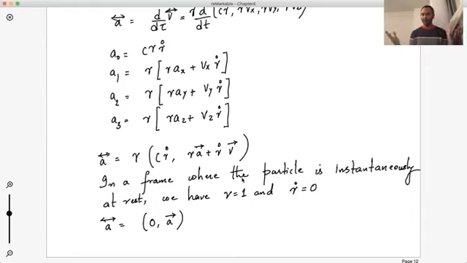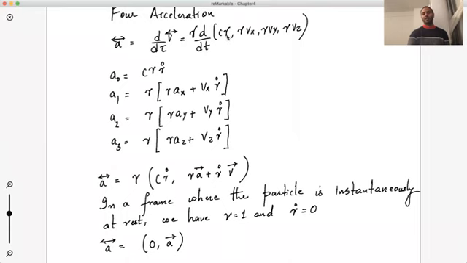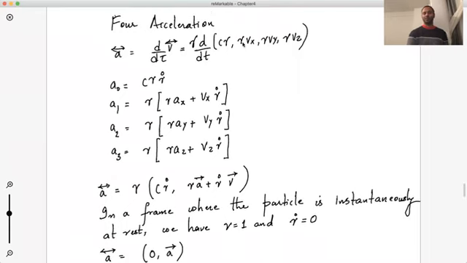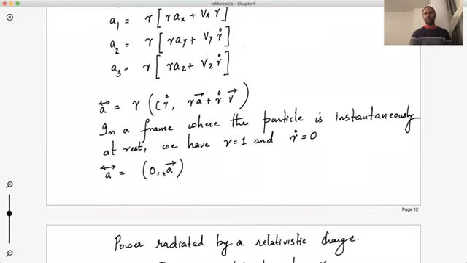But if you had that definition, you get a 4 acceleration which is extremely simple. Just replace all gammas with 1 and all gamma dots with 0, and you get a 4 acceleration which is 0 times just the Cartesian acceleration in that frame. This is not in the lab frame; it is in the frame of that particle.